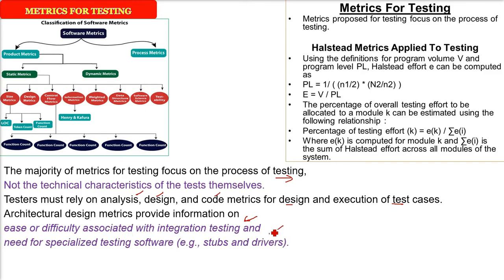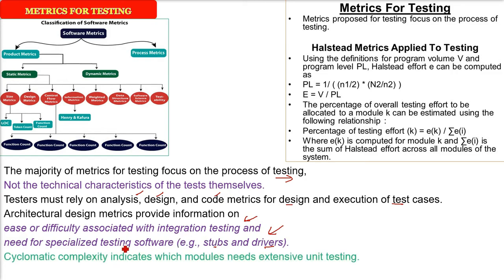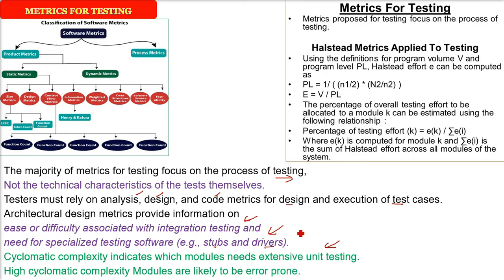Do we need a main dummy program or sub-module dummy programs? The architectural design metrics will tell you. Cyclomatic complexity also tells you how extensive the unit testing has to be. If you have high cyclomatic complexity, likely the module is error prone.